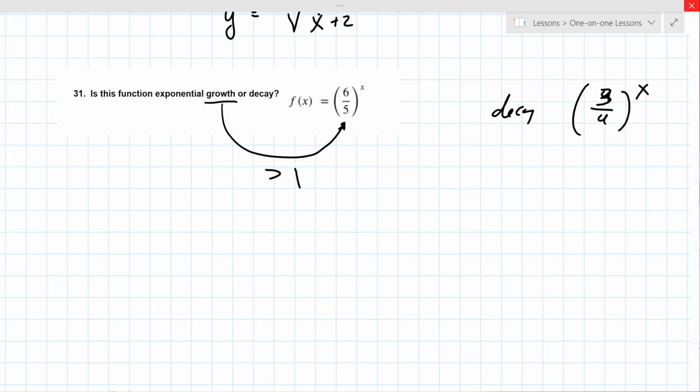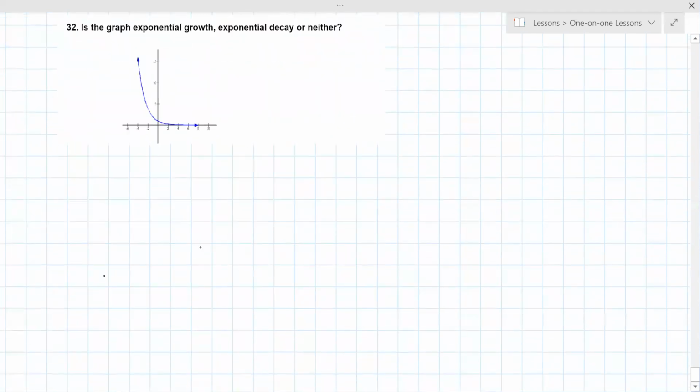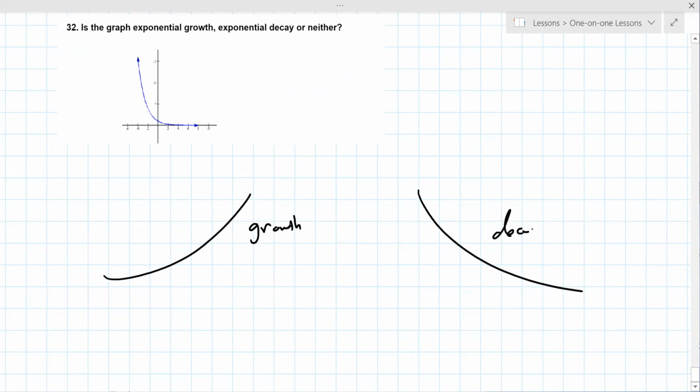What do you say for number 32? Well, you've got the answer key, maybe that's not fair. Okay, this is growth. Oh, this was just decay. This is decay. All right, 32 decay. All right, 33.